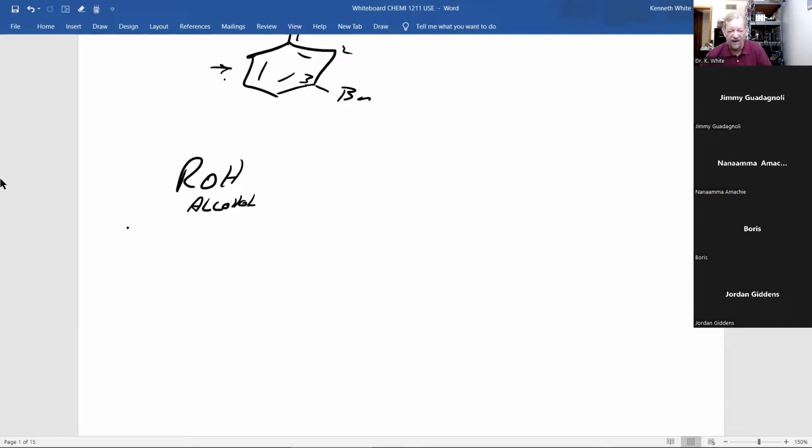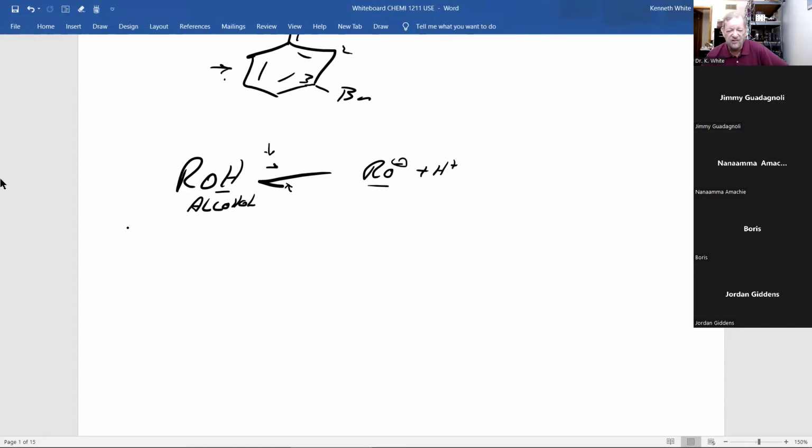Here's a general alcohol, and as an acid-base going from left to right, this would be an acid, a proton donor. It hardly goes that way. That's why I have a little arrow there. It stays mostly here, why I have a big arrow there.